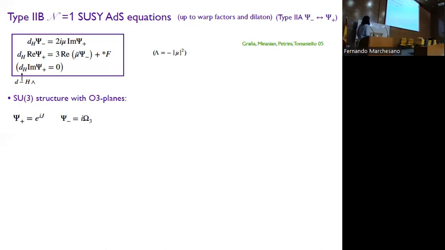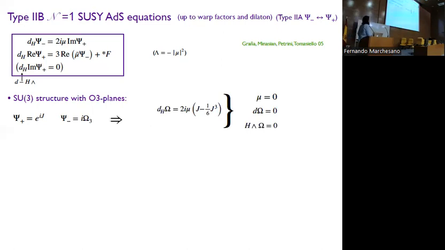Except let's look at what the solution is with SU(3) structure and O3 planes, where phi plus and phi minus are these. If you look at the equations, the first one is d_H omega equals this. Since this starts from a 2-form while here is a 4-form, this tells you that with this type of supersymmetry you cannot have AdS solutions. So the cosmological constant has to be 0.